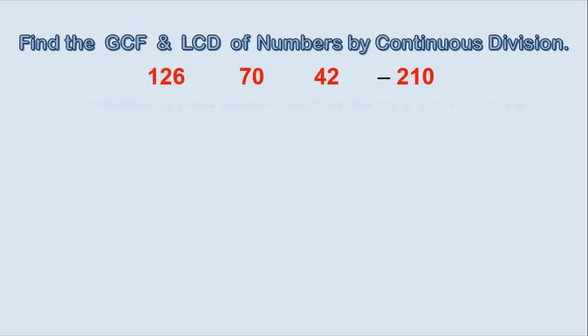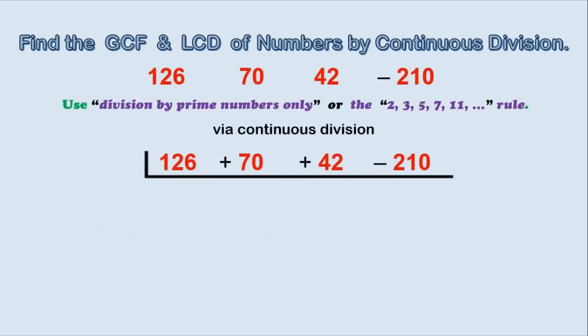To find the GCF and LCD of the given numbers, we use this technique called division by prime numbers only. I also call it the 2, 3, 5, 7, 11 rule. Find a possible prime divisor from the prime number list.